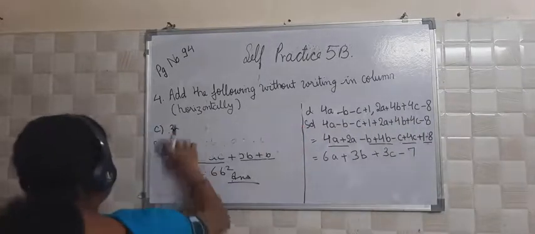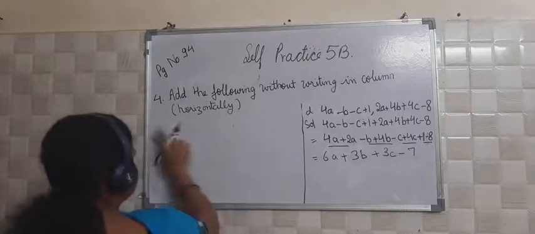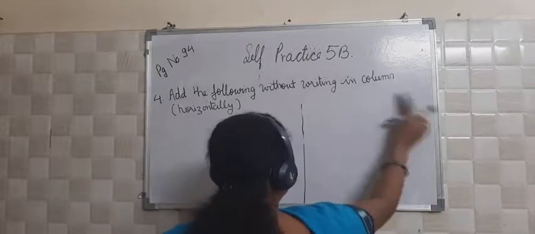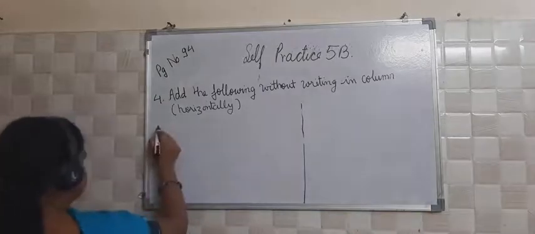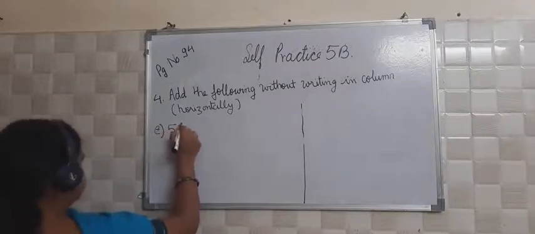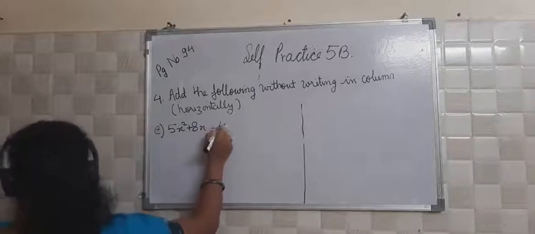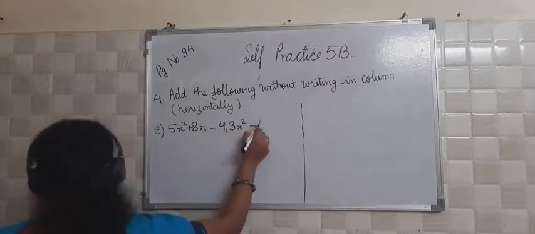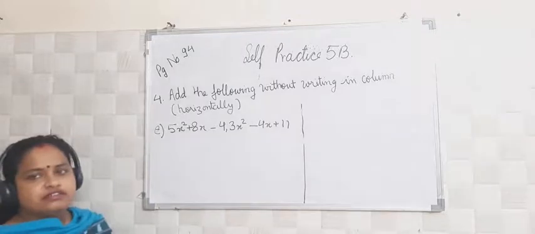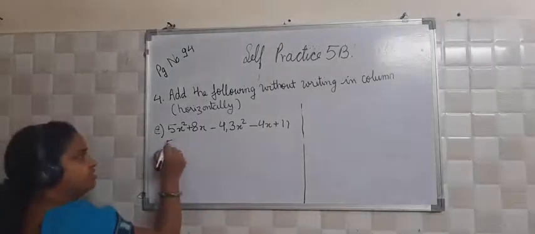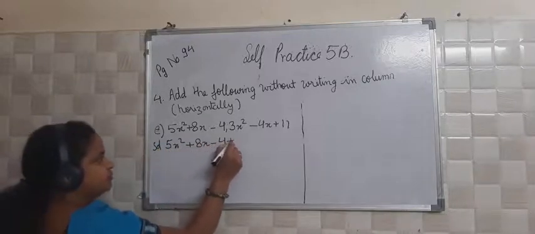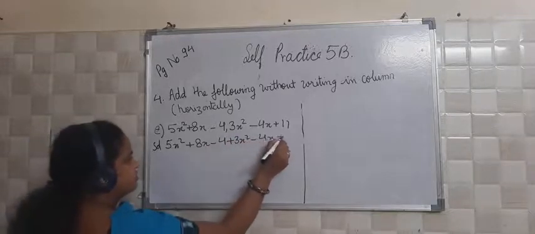E. Now here what you will do? First of all, you will remove the comma. 5x square plus 8x minus 4 plus 3x square minus 4x plus 11.